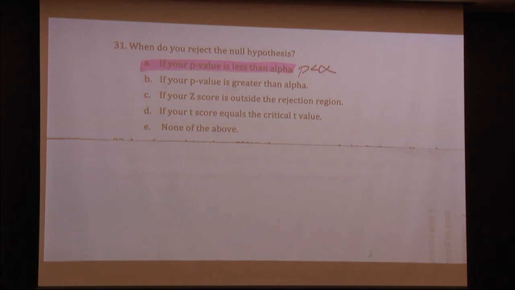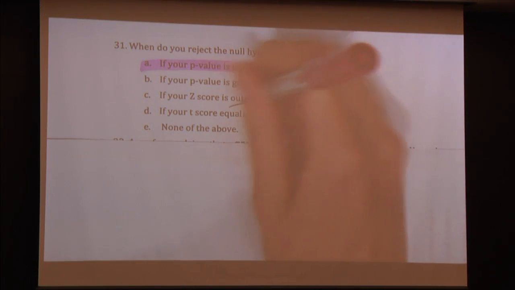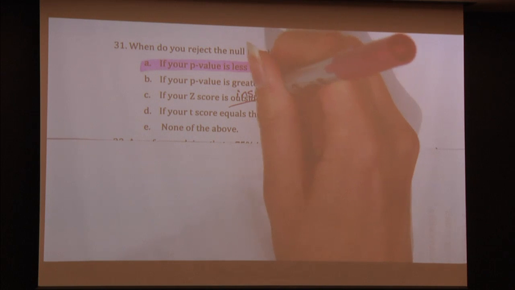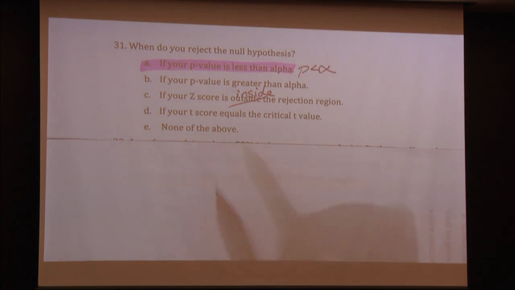How can we change C to make it correct? So if Z was inside our rejection region, what about D? How can we amend that to make it correct?